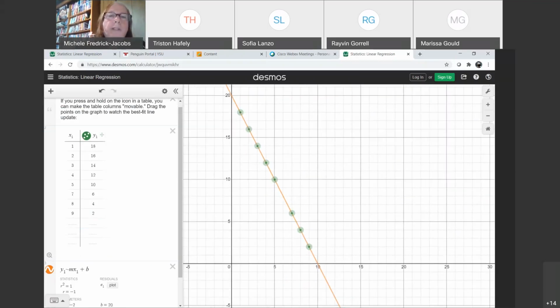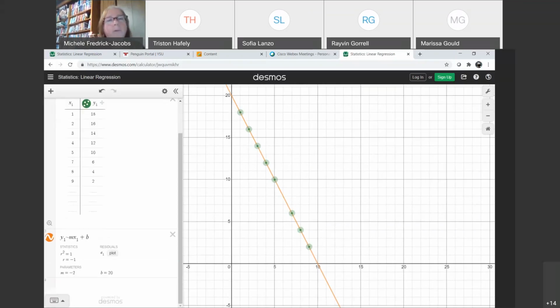Notice this one, again, r squared is 1, but in this case, our data is decreasing. And that's one thing, if you notice the r before, when we had them all on the line and r squared was 1, the r was positive. This one's negative, so this r tells you more information. It tells you it's decreasing.